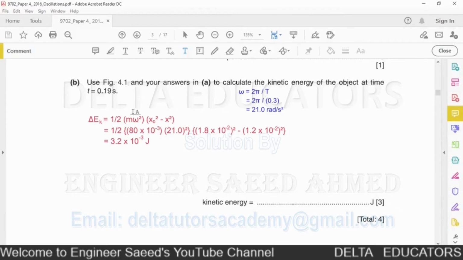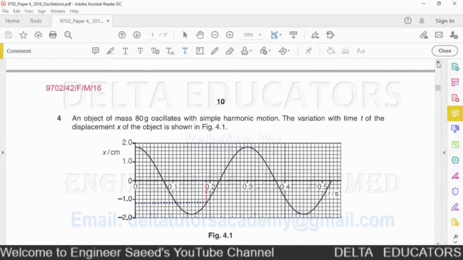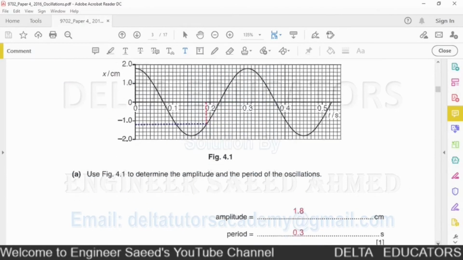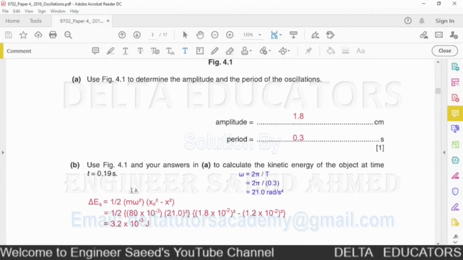Now here m, mass is given here. It is 80 gram, but this 80 gram we have to convert in kilogram because we have to consider mass in kilogram. So here m in kilogram will be equal to 80 multiplied by 10 power minus 3.